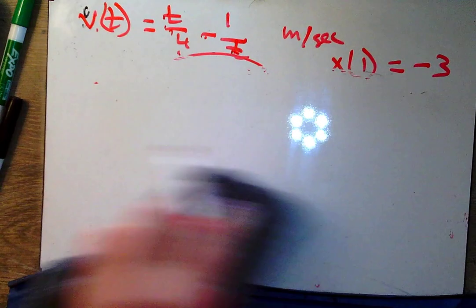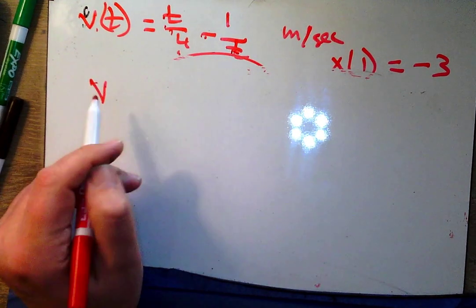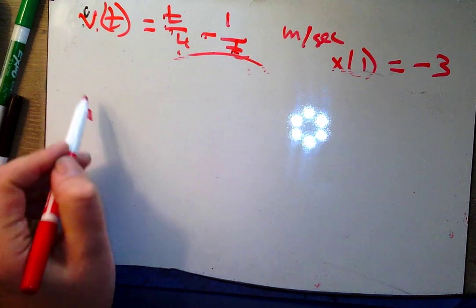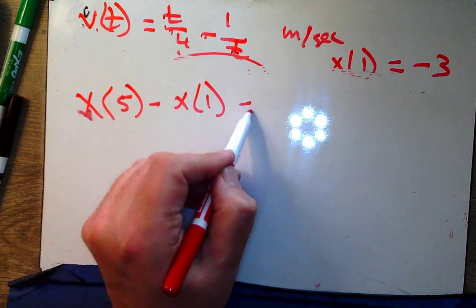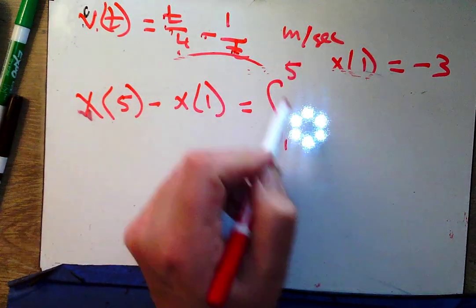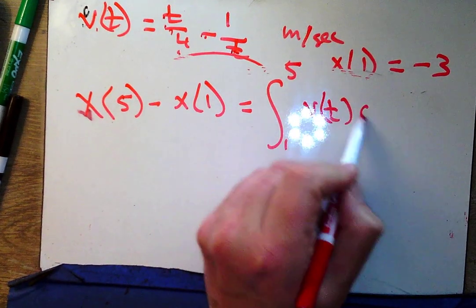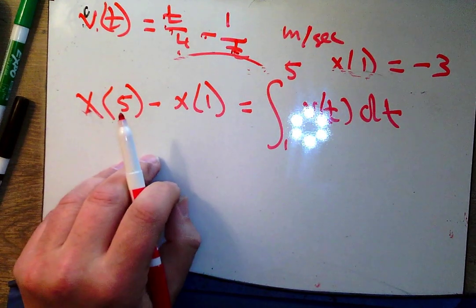Okay, 1 to 5. So, they said displacement. So remember, to find displacement, x of 5 minus x of 1 is the integral from 1 to 5 of v of t dt.